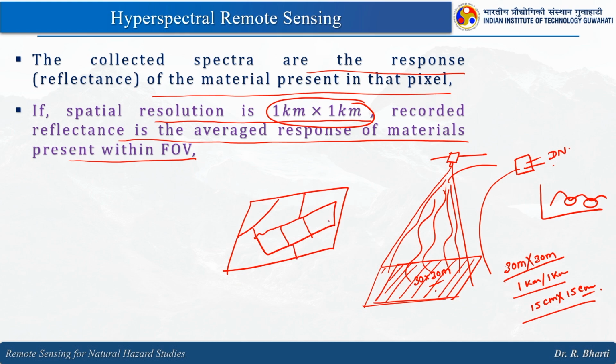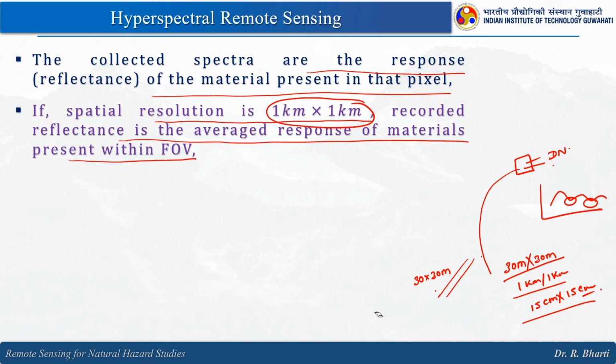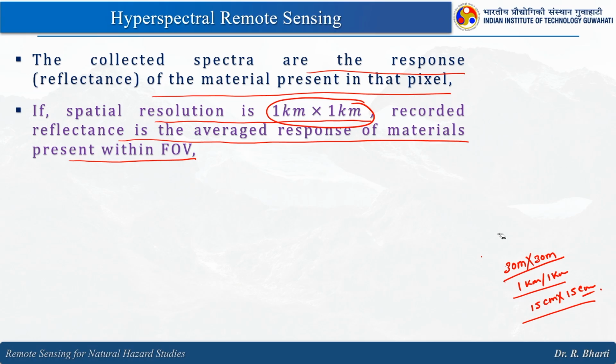All of these targets are reflecting based on their chemical composition, and they are averaged and stored as one single DN value. In such a situation, it is very difficult to identify the composition of the material present in the field of view of the satellite image, if it is at the meter or kilometer level.